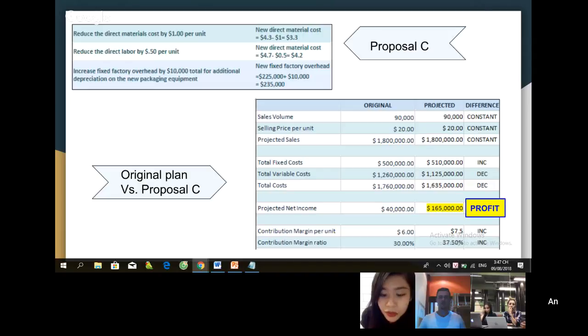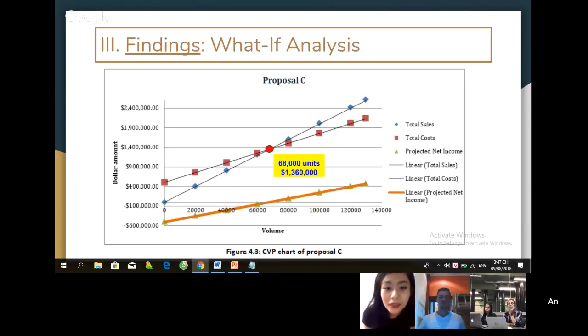Then the contribution margin per unit will be $7.50. It means that after covering variable costs, we still have $7.50 to cover fixed cost and for profit. And for the contribution margin ratio, it's the same. We have 37.5% from the selling price to cover fixed cost and for profit. Next, please.